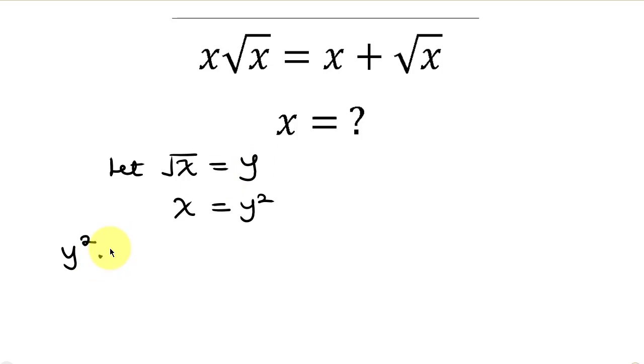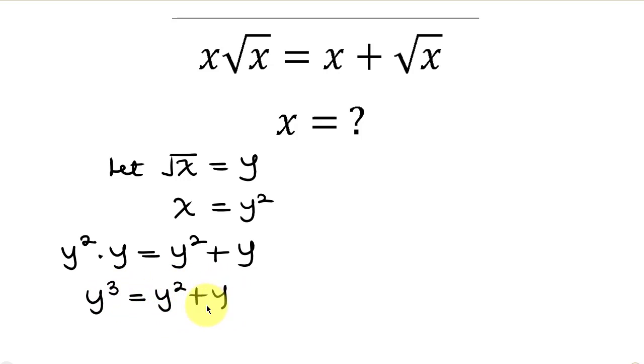So times y. This is equal to x. X is y squared. So I'm going to be putting y squared plus the square root of x. Square root of x is y. Very good. And now simplifying, y squared times y gives y cubed. And this is equal to y squared plus y.